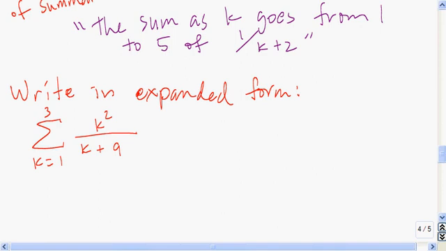You should get, starting at k equals 1, 1 over 1 plus 9, plus 2 squared over 2 plus 9, finally 3 squared over 3 plus 9. Whatever you get when you add all that up is what the sum of the series is equal to.